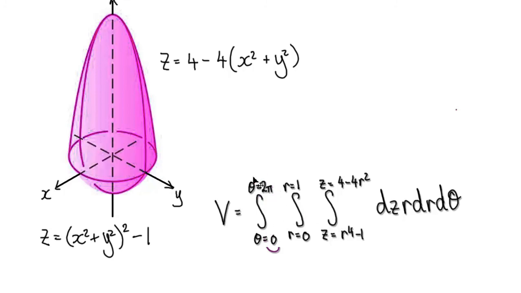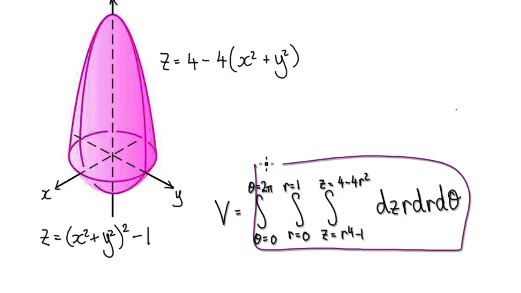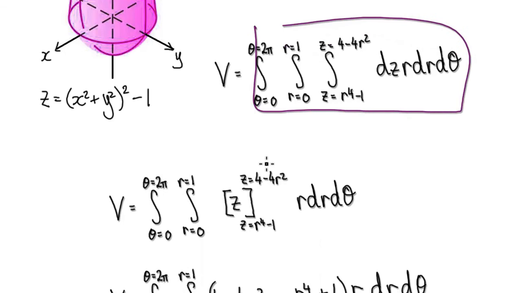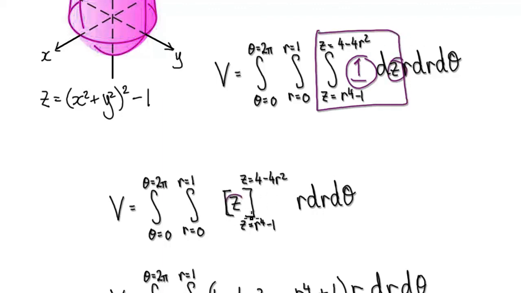So the volume is given by this. Now it's just a matter of evaluating this triple integral. So let's try and do it. Remember there's a sort of 1 here. When you integrate this with respect to z, that will give you z, and you're integrating from here to here.